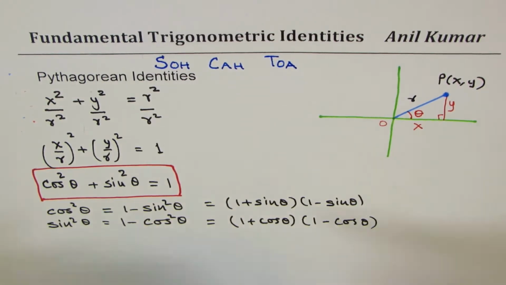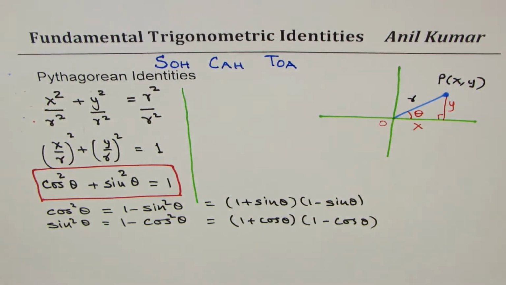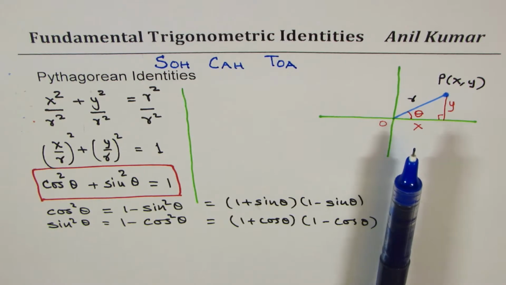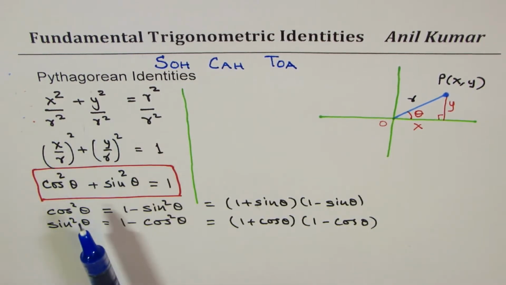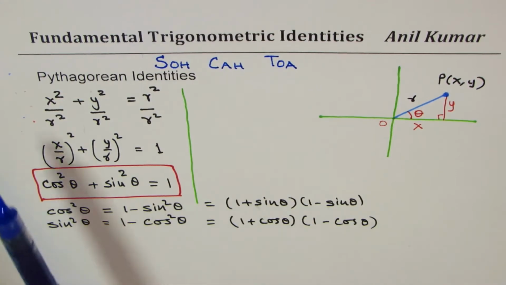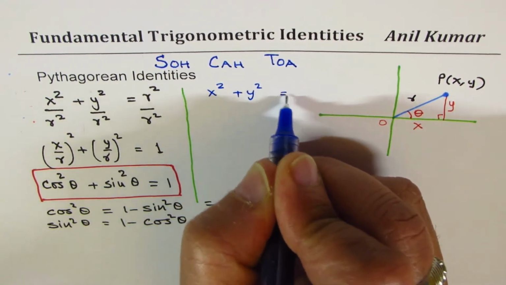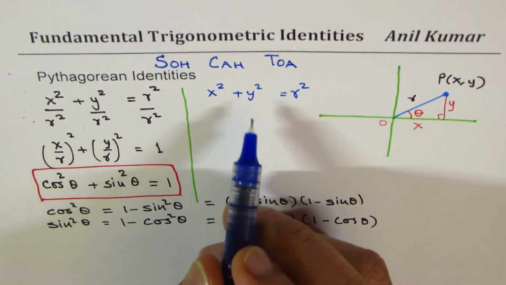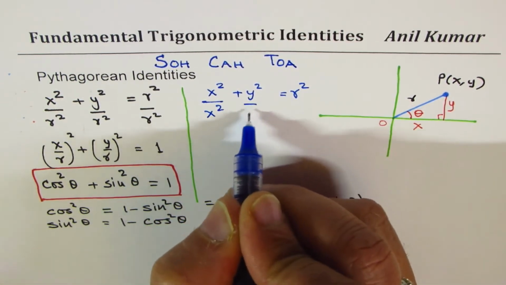Correct? Now, if I write sine and cosine in terms of secant, cosecant and tan, we can get other identities from here. To give you an example, if I again start with x square plus y square equals to r square, and instead of dividing by r square, if I divide by x square, then what happens?